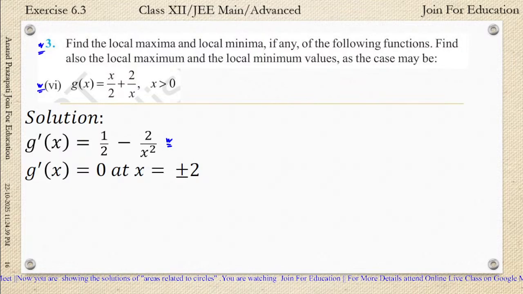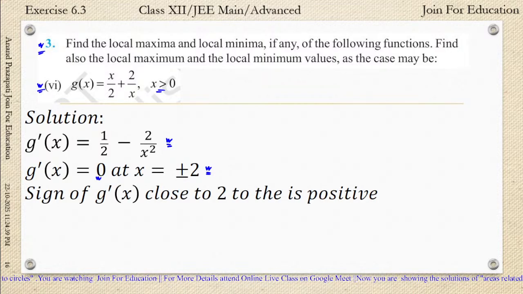First derivative of g x, or g dash x, equal to 0 at x equal to plus minus 2. Here it is said that x is greater than 0, so x equal to 2 is acceptable and x equal to minus 2 is not acceptable.